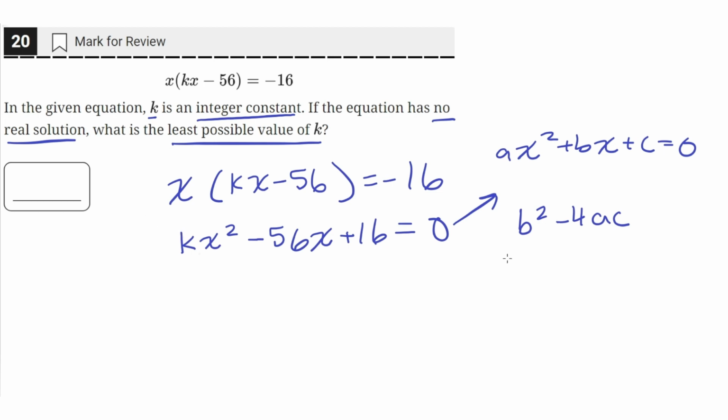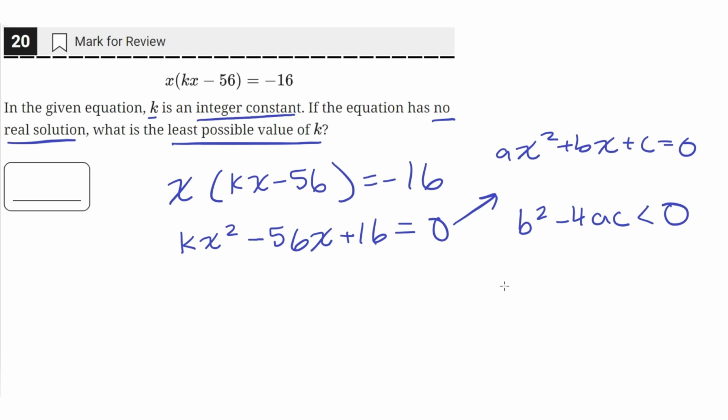And an equation has no solution when the discriminant is equal to a negative number. So when the discriminant is less than 0. So we need to find the discriminant now. So the b term here is the coefficient of the x term. So in this case it's negative 56.